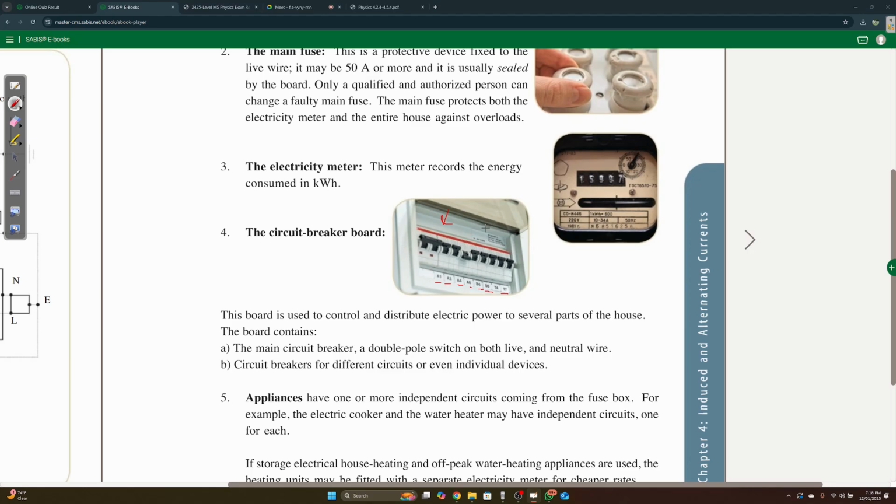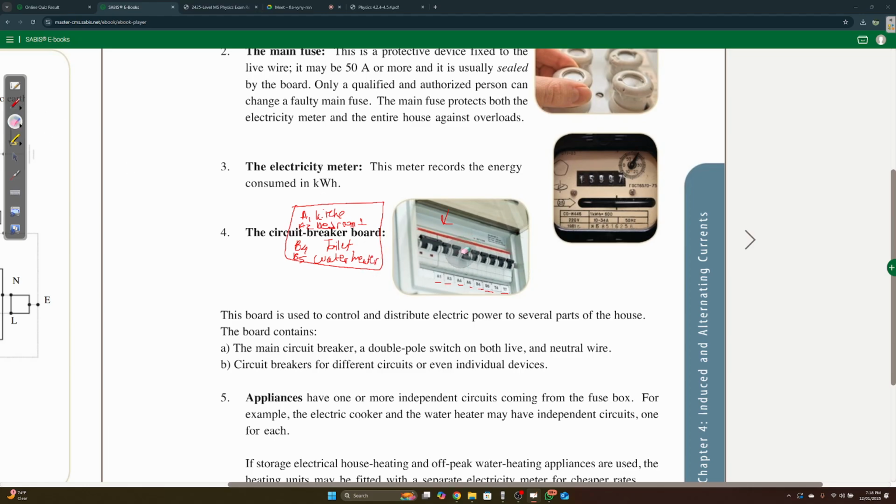On most modern circuit breakers, like in my house, beside my circuit breaker I have a paper that says A1, kitchen, A2, bedroom 1, which is my parents' bedroom, and then B4 is toilet, and then B5 would be water heater, and so on and so forth, right?